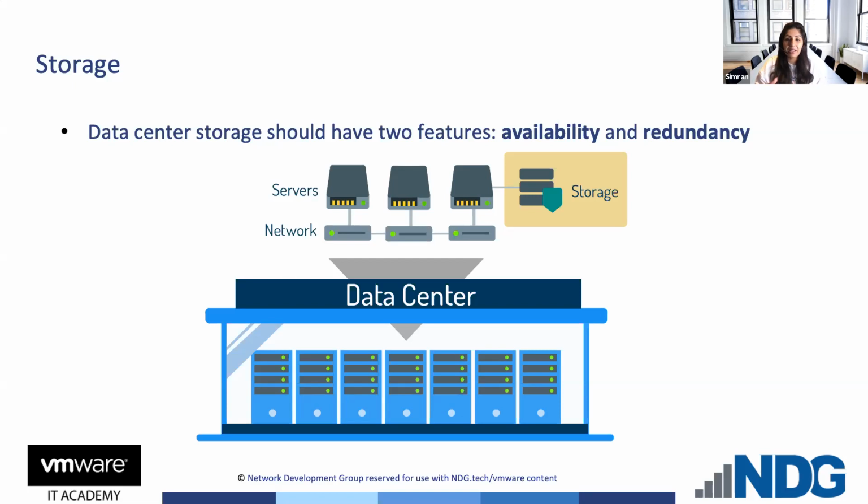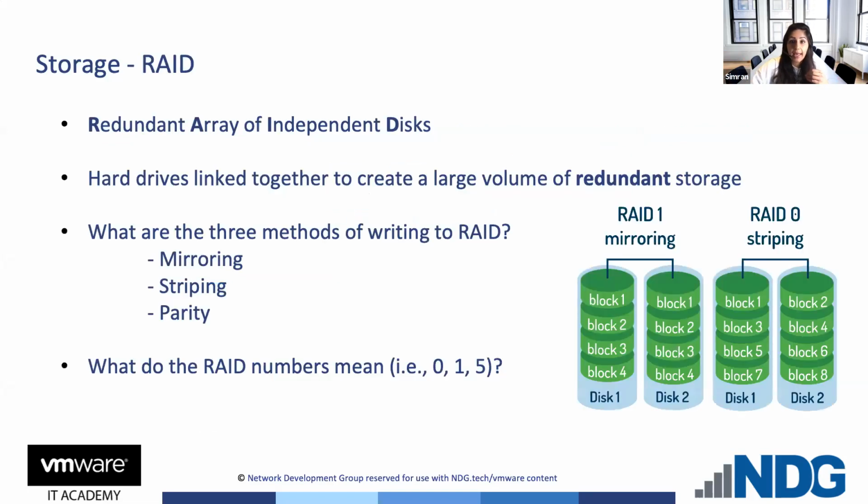So this is why it's super important for storage to be redundant, so that even if one disk was to fail, no data would really get lost. And one of the best ways to prevent data loss is using RAID, which is your redundant array of independent disks.